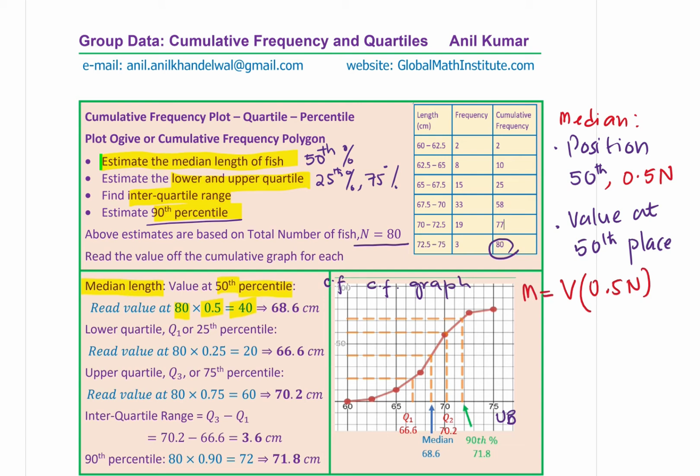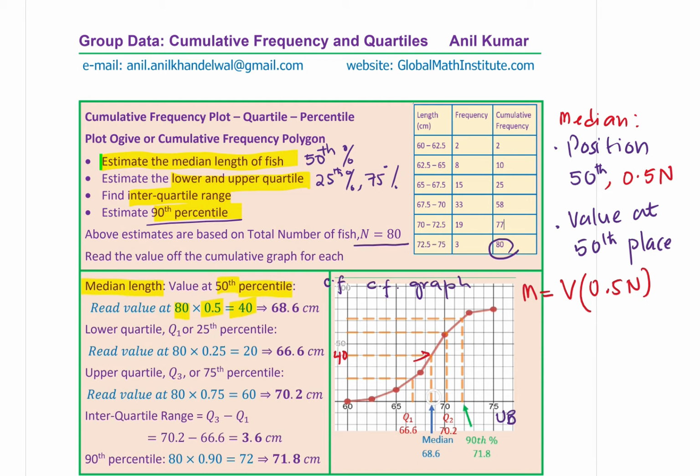From the graph, we'll see where 40 is. This is the position 40 for us, and we can read it by drawing a horizontal line which crosses this point here, and from this point, if you drop it down towards the x-axis, that gives you the value of the length of the fish.